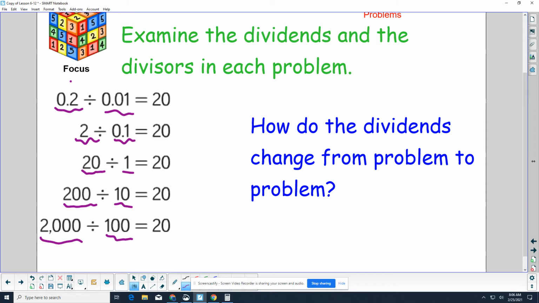So our dividend each time is going up 1 place value. We went from tenths, ones, tens, hundreds, thousands. And then when we look over here at the divisors, we go from hundredths, tenths, ones, tens, and the hundreds. Hopefully you notice that pattern there, that this is what we would call an equivalent problem, because both the dividend and divisor are changed. They both go up a place value on the chart.